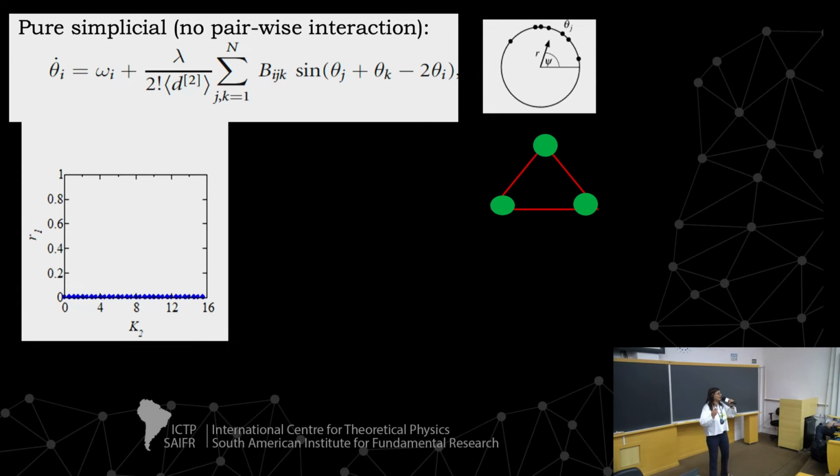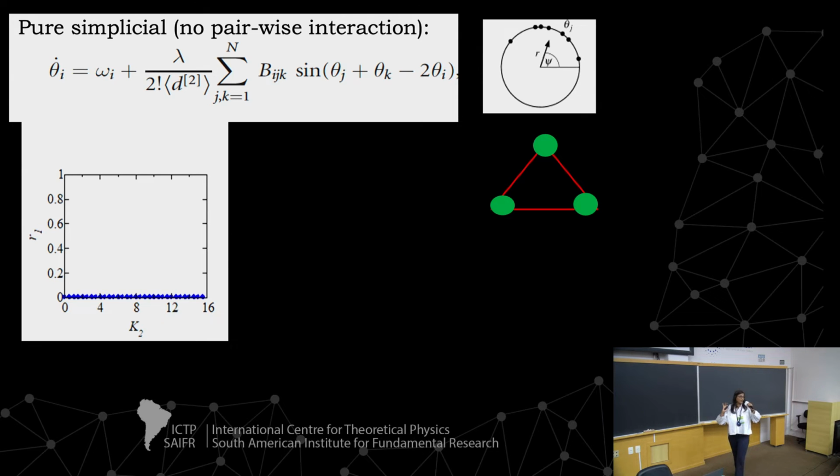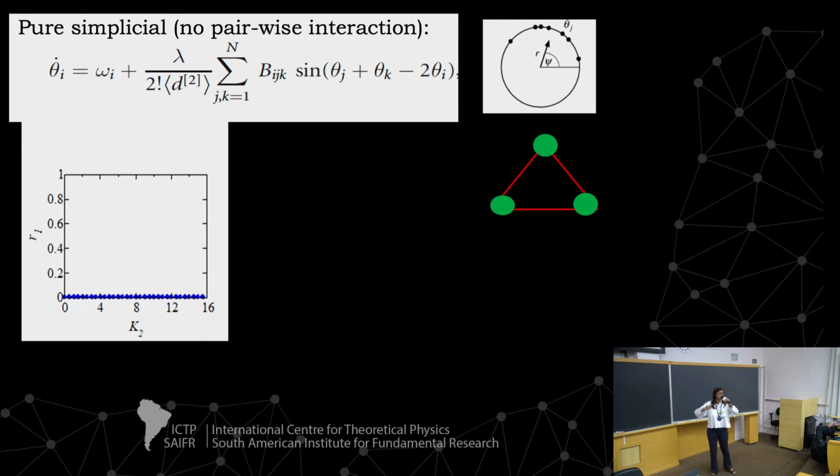And the reason is that you have some kind of frustration in the system, which is not allowing the formation of clusters. That is your hand-waving argument. But analytically, one can show that R is equal to 0 remains the stable solution, which I will show actually later. So R is equal to 0 remains the stable solution for all values of K in the thermodynamic limit. In finite systems, you may get some kind of synchronization sometimes. But in the infinite system limit, you will never get the synchronization.